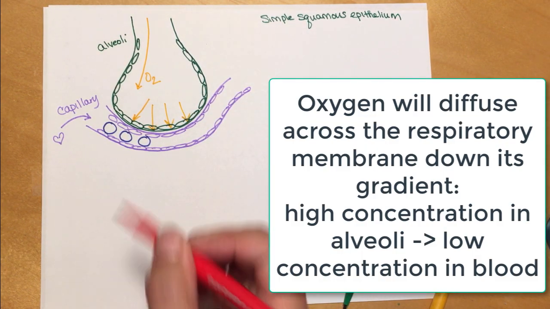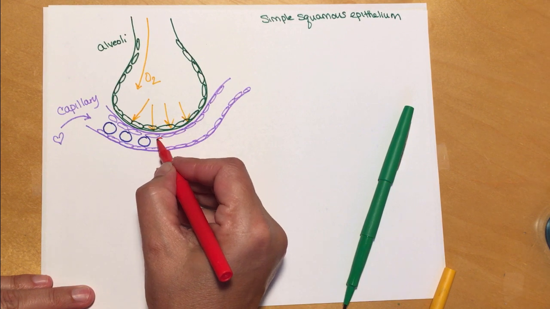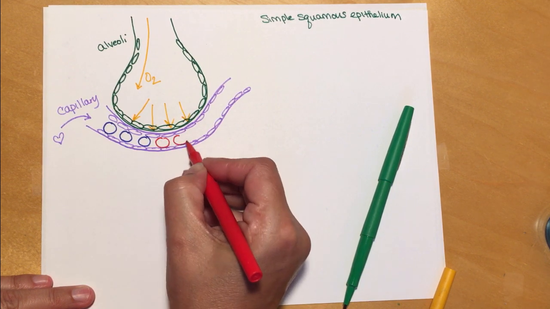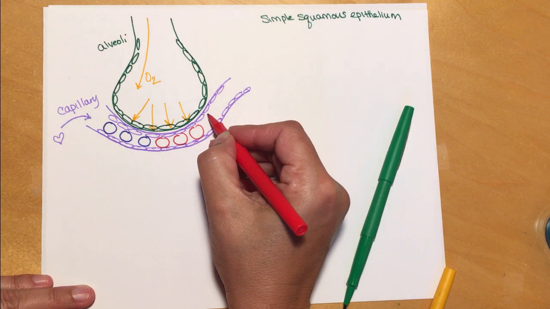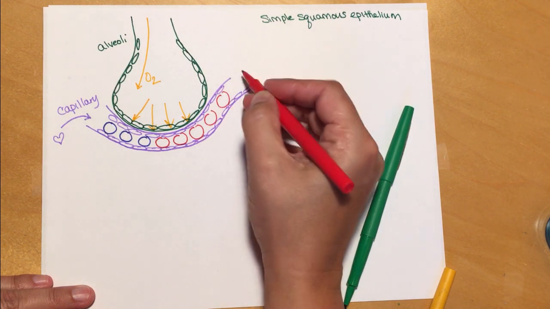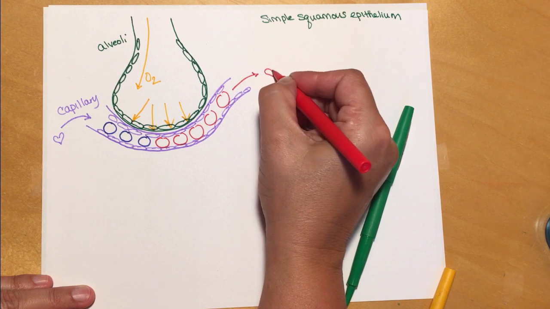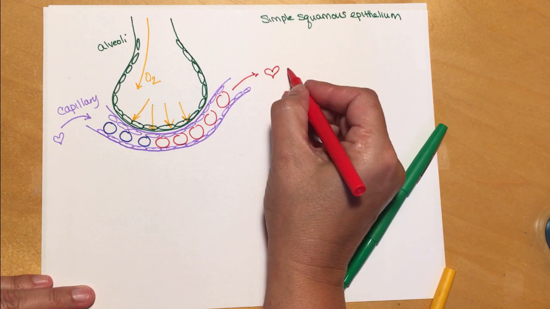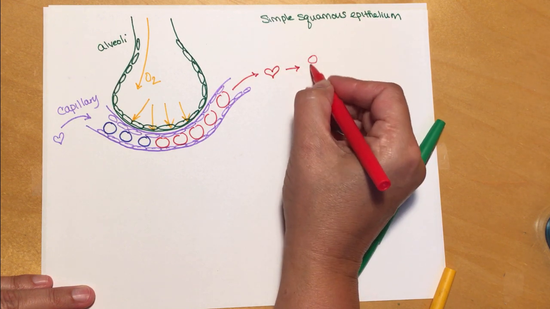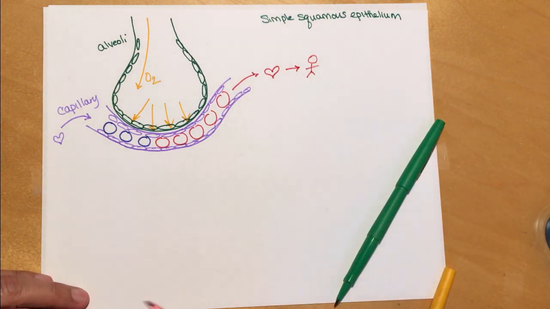This means that as the red blood cells pick up oxygen, they're going to become oxygenated. After they're oxygenated, they go back to the heart, and from the heart they're sent to the rest of the body.